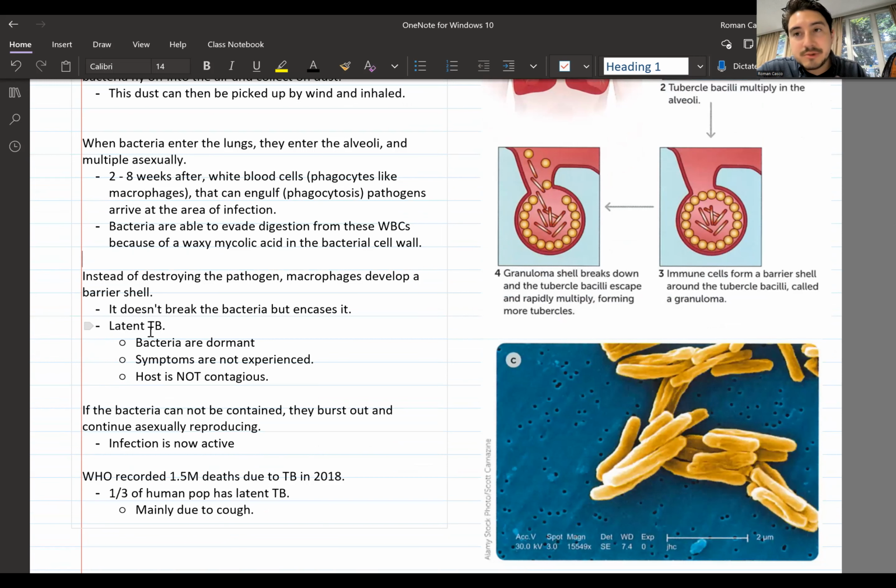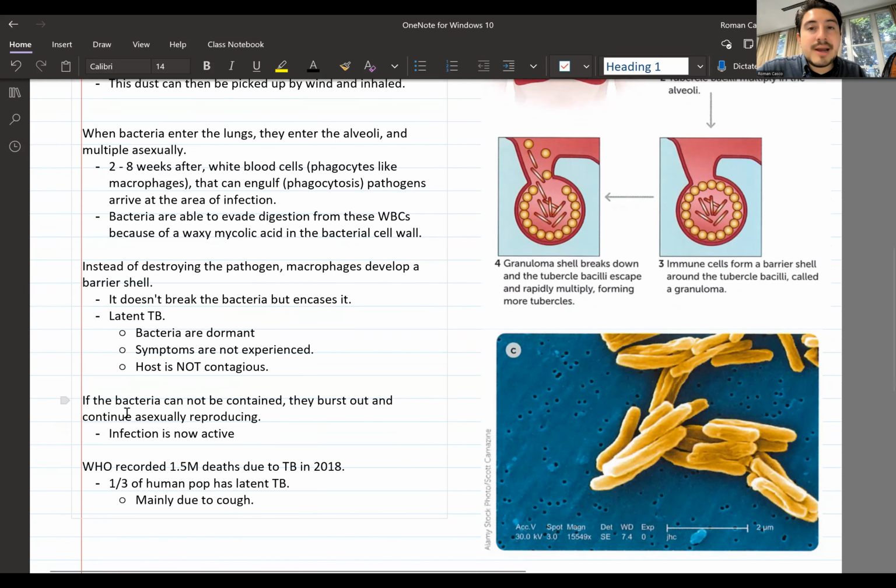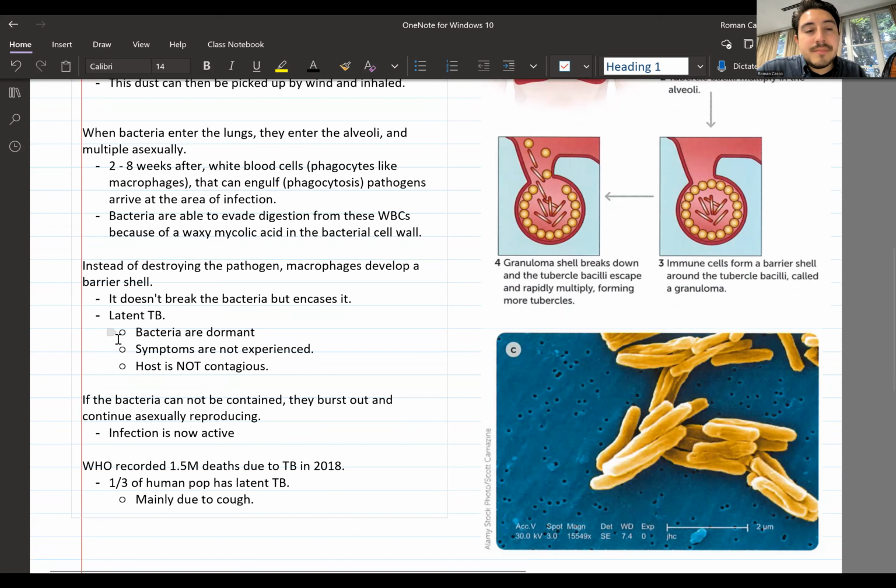There are no symptoms within the host, within a person, right? So at this point, you're not necessarily contagious, all right? But what happens afterwards, after a certain period of time, something happens that the shell generally can weaken.